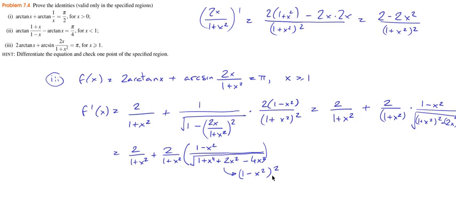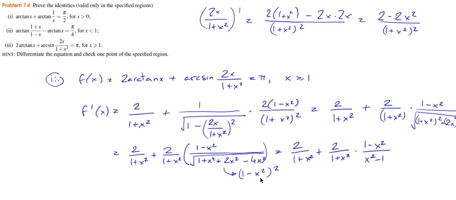But the thing is, 1 minus x squared, if x is greater than 1, is going to be negative, right? So we take the square root of that, and we're taking the positive square root, but that's what they're telling us. What we're getting is 2 over 1 plus x squared plus 2 over 1 plus x squared times 1 minus x squared, and then we have x squared minus 1, okay?